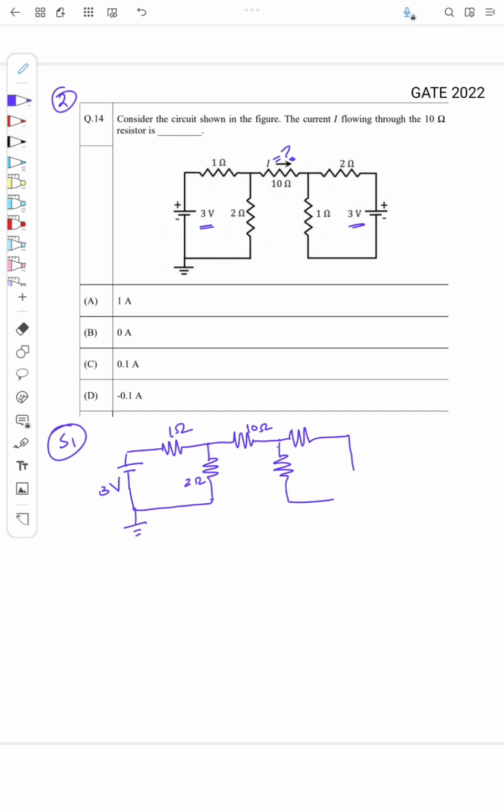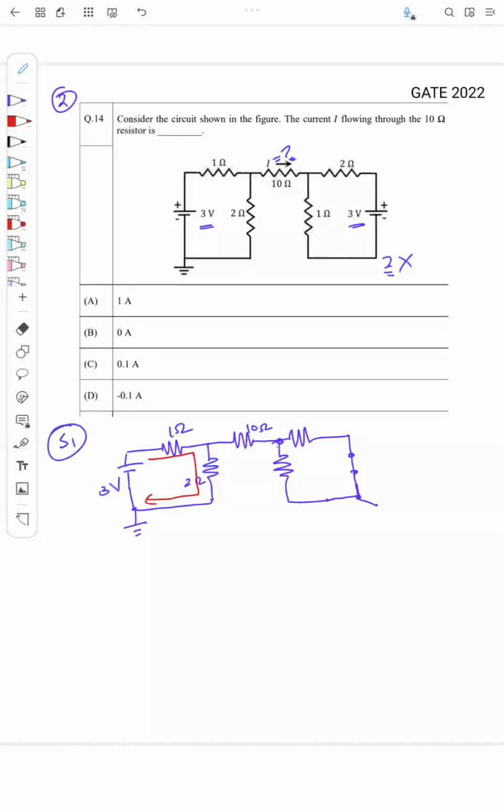Here I am shorting this. There is no mention of a ground here, so this is like an open node. Current will flow in this source from this node back to the ground.